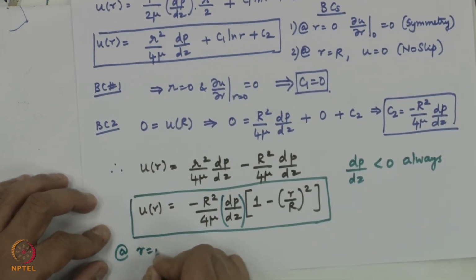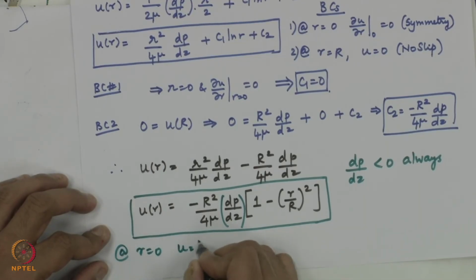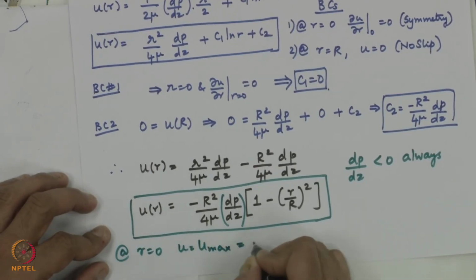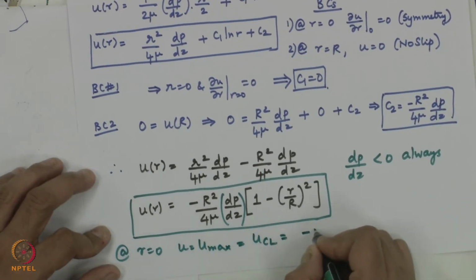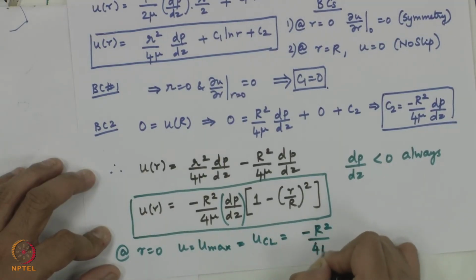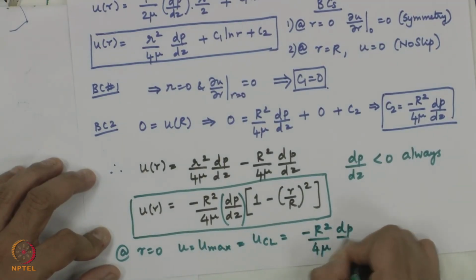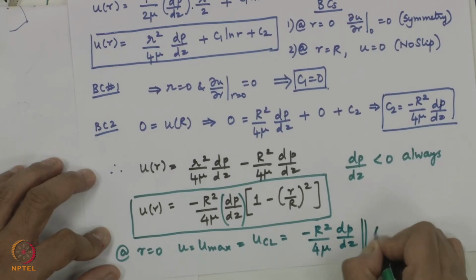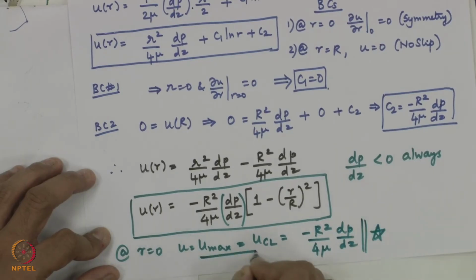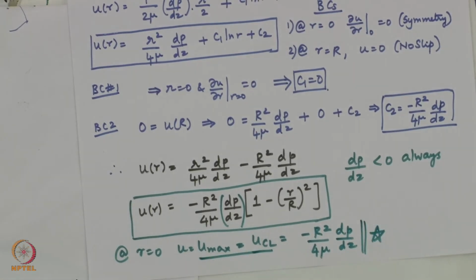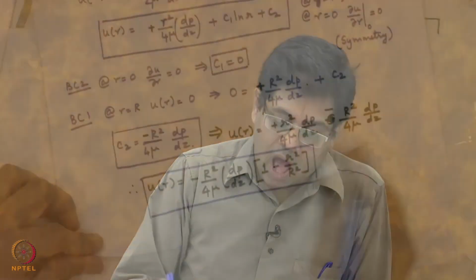Maximum velocity is at r equal to 0, u is equal to u max or u center line, which is nothing but minus capital R squared by 4 mu dp by dz. So, this is one important quantity, center line or maximum velocity. My next step is to get my maximum velocity. U max is when r equal to 0.